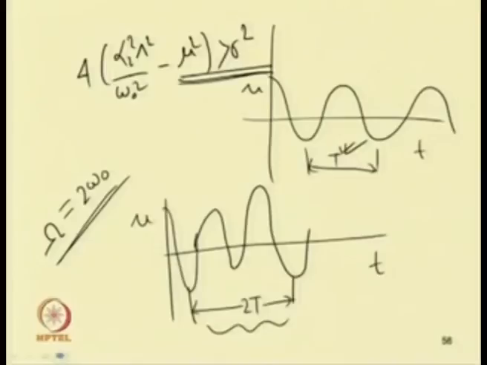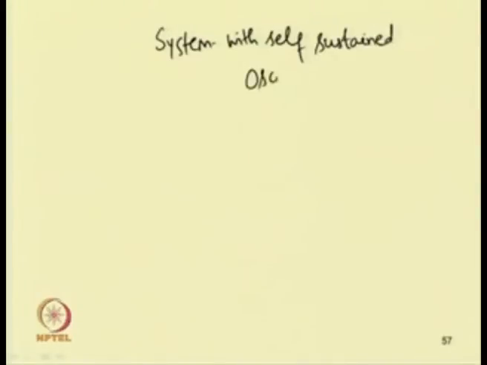So, let us consider another case, in which we have a system with self sustained oscillation. In this case the equation is similar to that of the van der Pol equation.